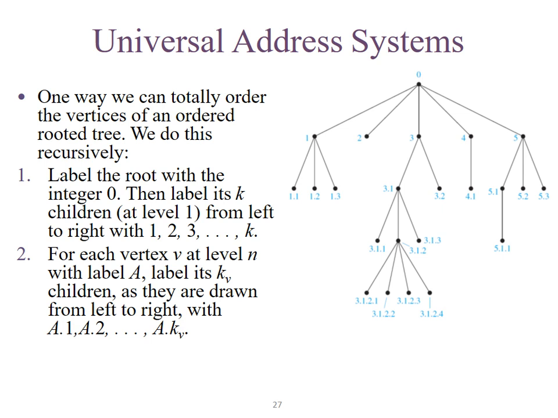So we have 1.1, 1.2, and 1.3. And for the subtree with the root 3, the labeling system will have 3.1 and 3.2 for these 2 children from the root. Okay, so based on this, you can see when the level goes further, then we will have 3.1.1 or 3.1.2.1. Okay, so we call this the universal address system.